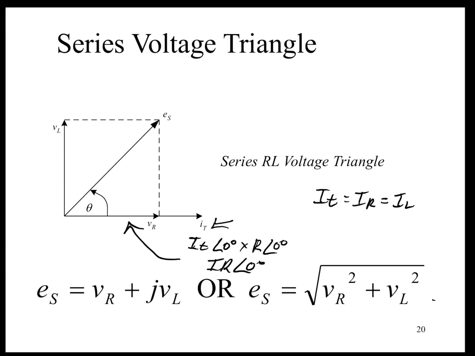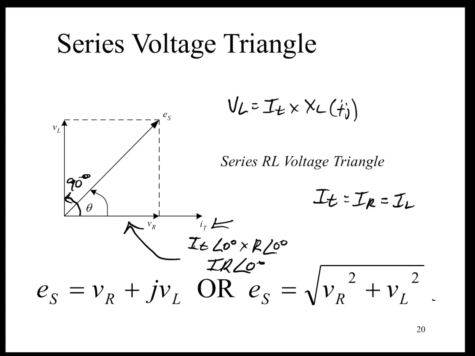What about VL? Well, if I'm continuing on with I total at 0 degrees because it's the same current, then my VL will be determined by I total times XL. But remember, XL is a plus J component. So with XL being a plus J component and multiplying by that current at 0 degrees, notice how we have a VL value here that is 90 degrees to the 0 degree current.